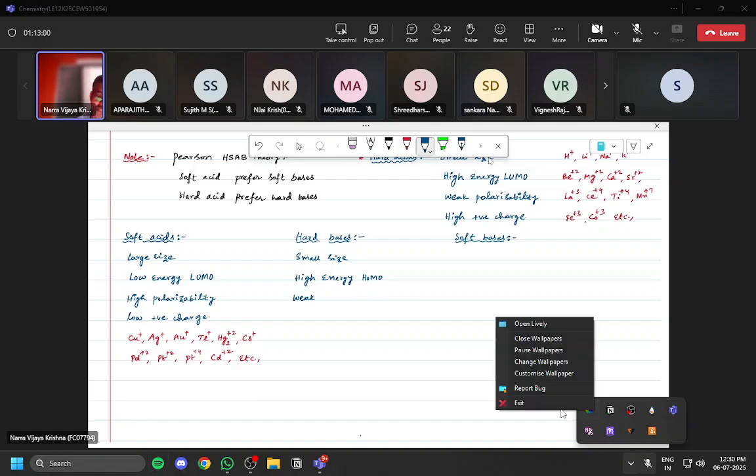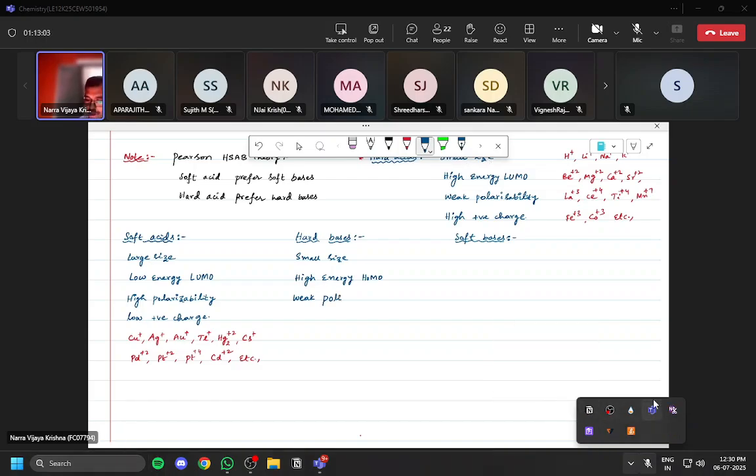Both hard bases and hard acids have weak polarizability.